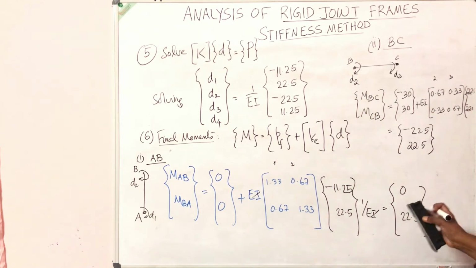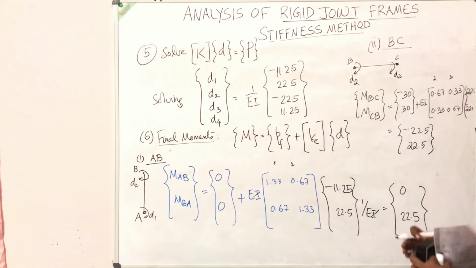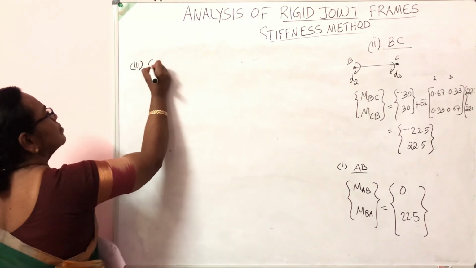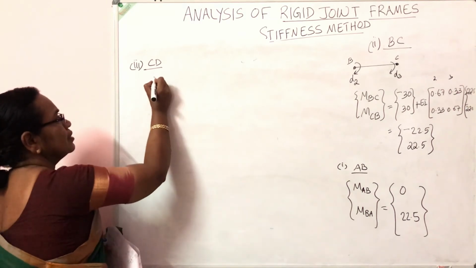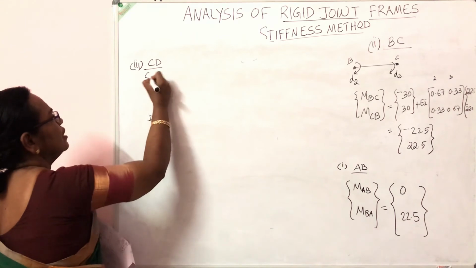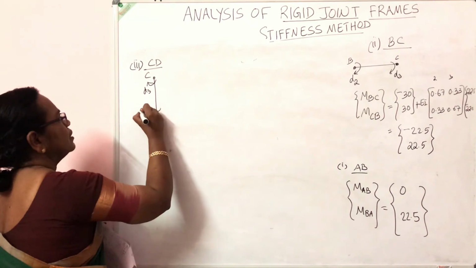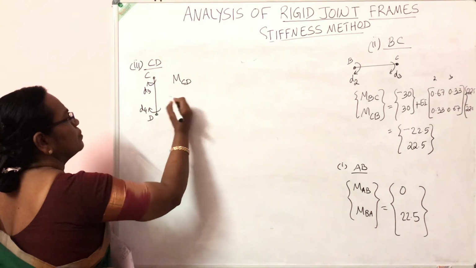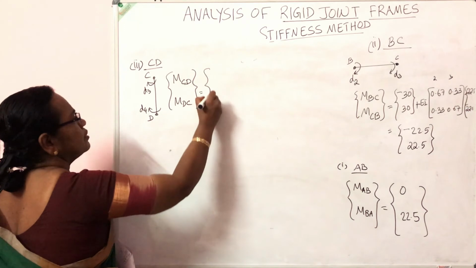Similarly, you get the result for the last element, CD. Similar lines for the element CD, with nodes C and D, and the coordinates were D3 and D4. Corresponding to 3 we get MCD, and corresponding to 4 we get MDC, equal to the fixed end moment.